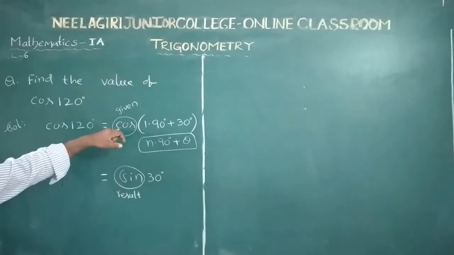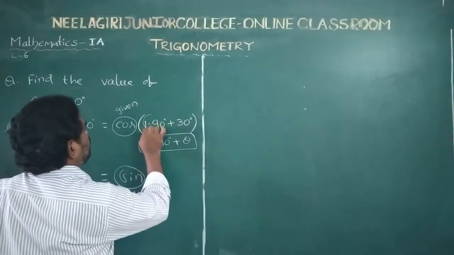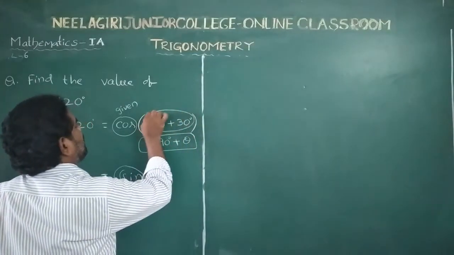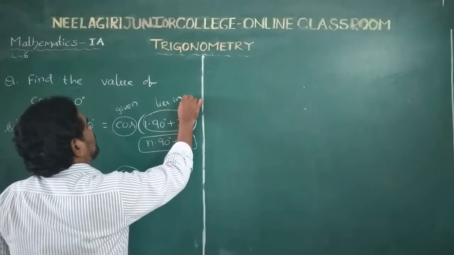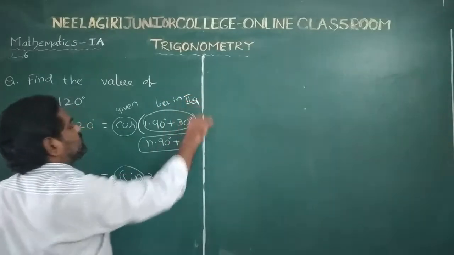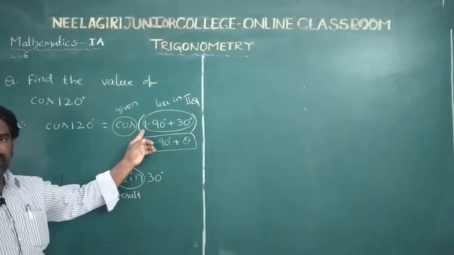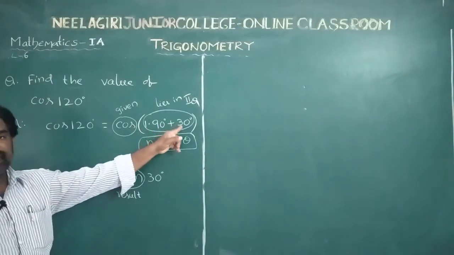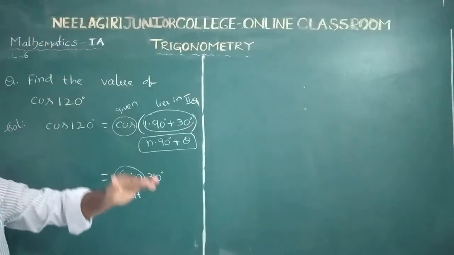Now let us see this given function. The angle 1 into 90 plus theta lies in the second quadrant. n equals 1 means first quadrant, and adding some angle means the angle lies in the second quadrant.